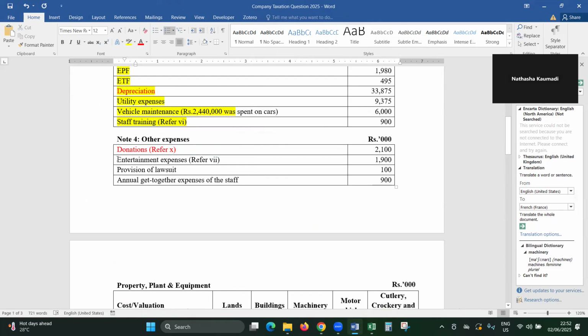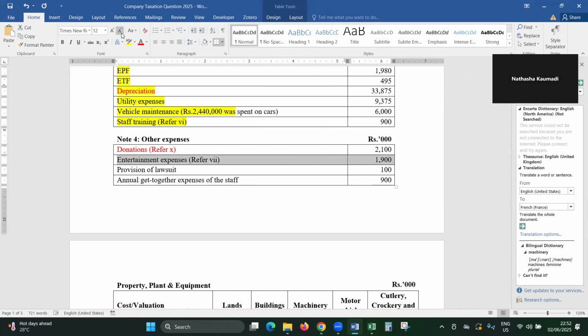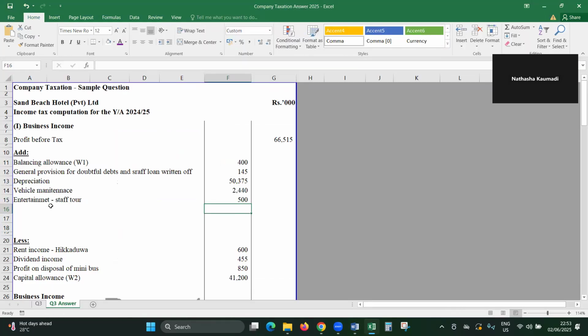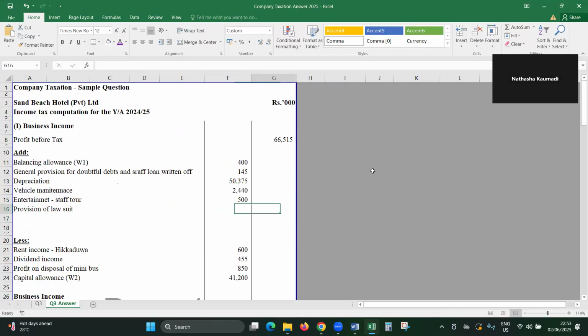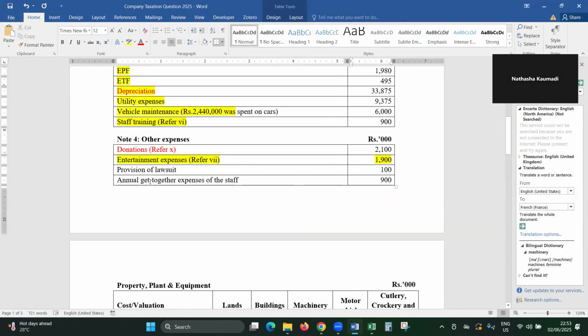Right. And then you have a provision of lawsuit. Can you deduct provisions in taxation? Not allowed. So I'm adding it back. Provision of lawsuit, how much is that? 100. Last one, annual get-together expenses of the staff.